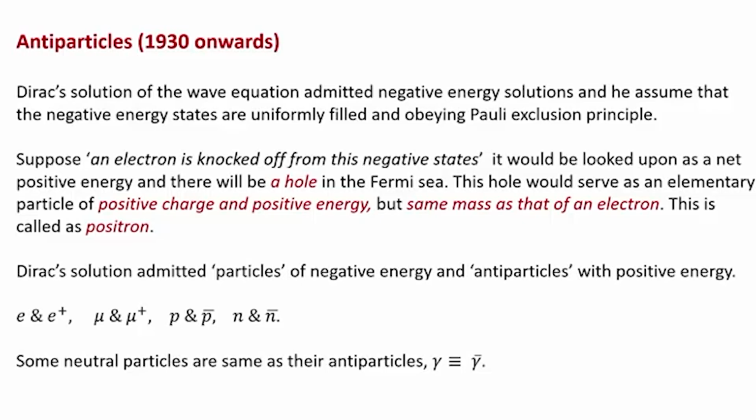So if by some means one can knock off an electron from the filled negative state, it would be looked upon as a net positive energy, and there will be a hole created in the Fermi sea. This absence of an electron is called a hole.